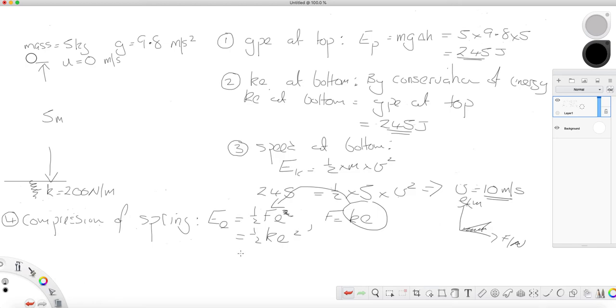So we have a half times K, which was 200, times E squared equals the energy that was converted, 245 joules. So we've got 490 over 200 is E squared. So if we take 490 and divide it by 200, and take the square root of that, that's about 1.56 meters.